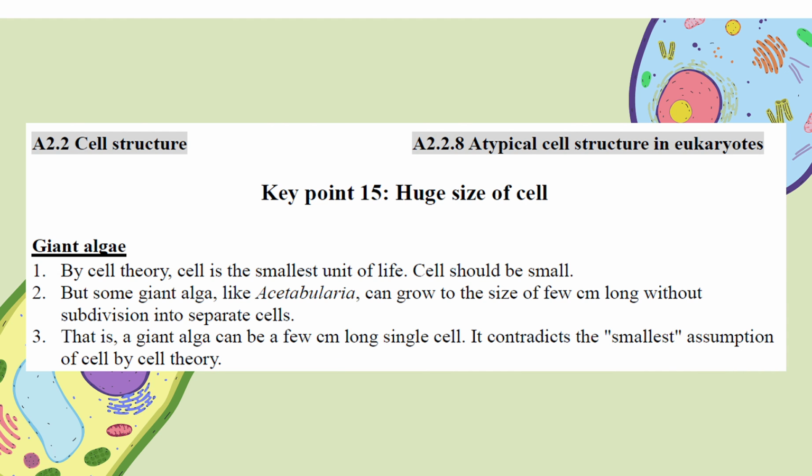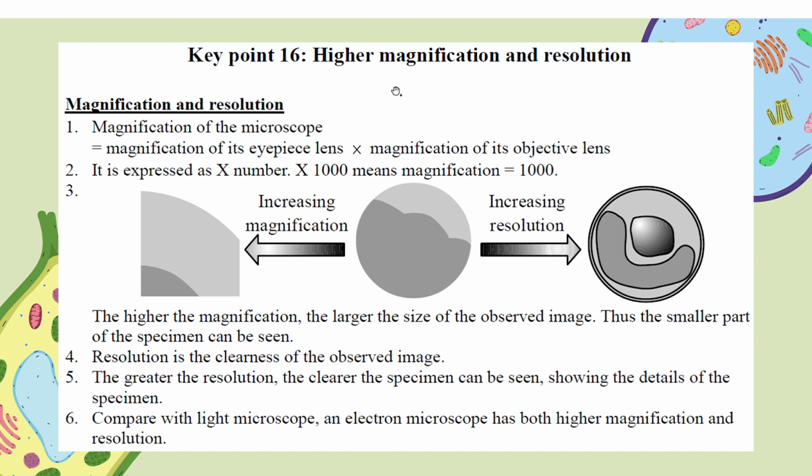I think it's okay. And then we talk about viewing objects using a microscope: higher magnification versus higher resolution. There are these two concepts. Magnification means magnifying the thing, okay? Resolution means a clear difference.